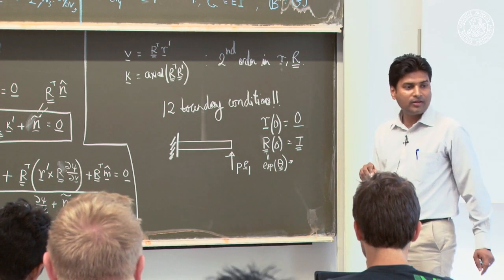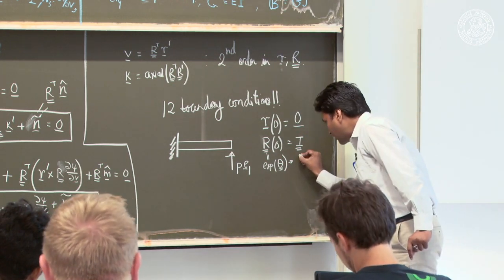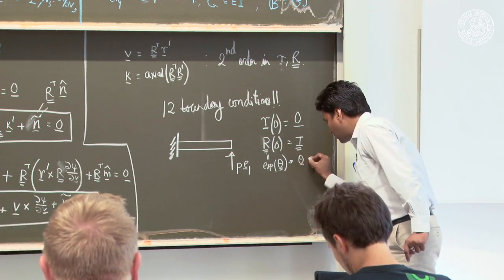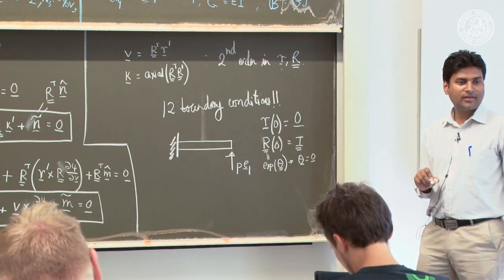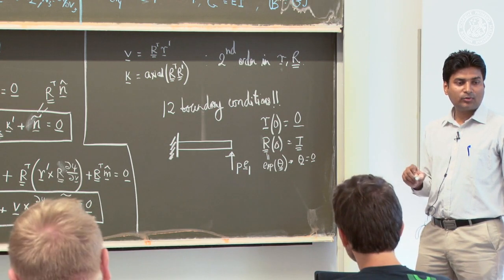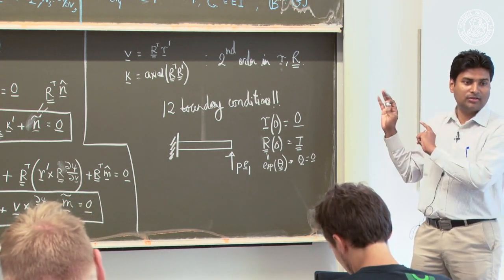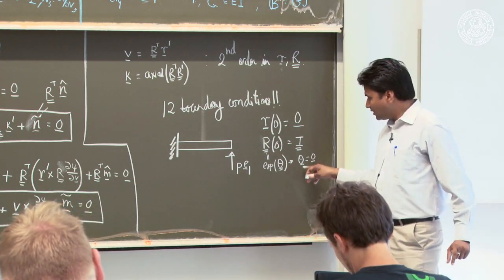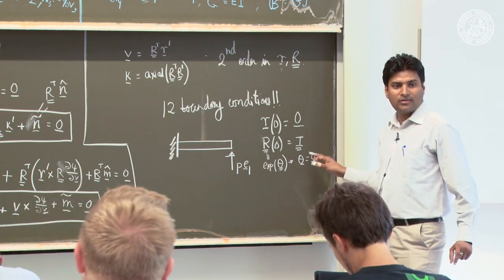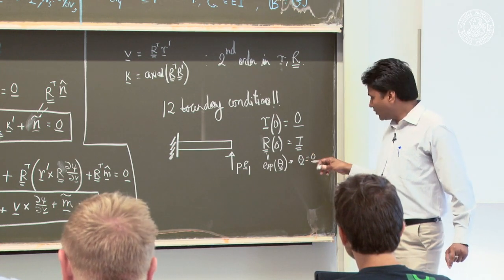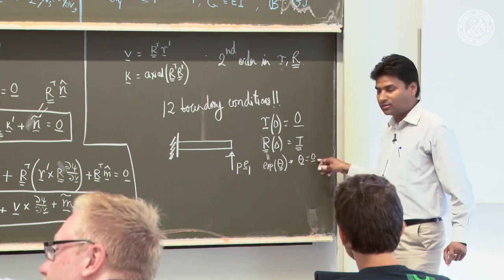So that would imply the little theta axial vector is equal to 0. Exponential of the 0 matrix is identity. So that little theta, which has 3 components, is equal to 0. Okay, so again here you got 3 boundary conditions, 3 plus 3 is 6.